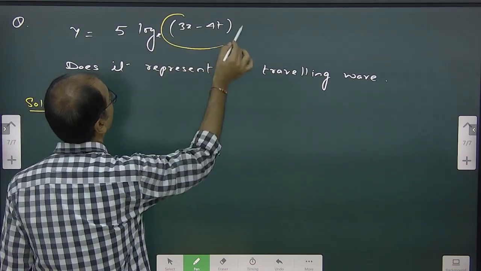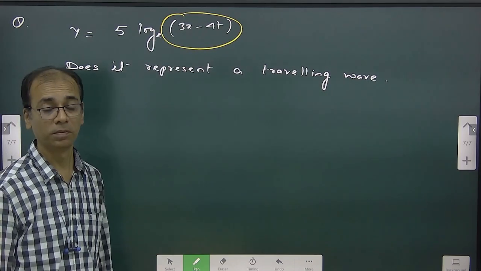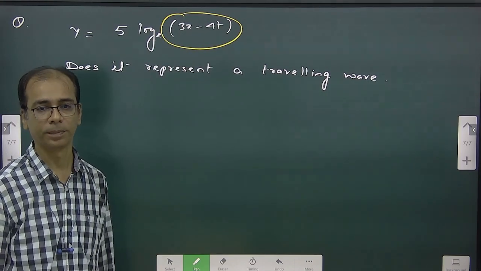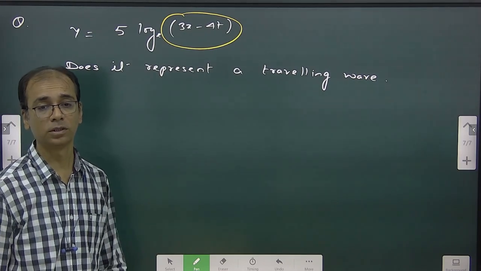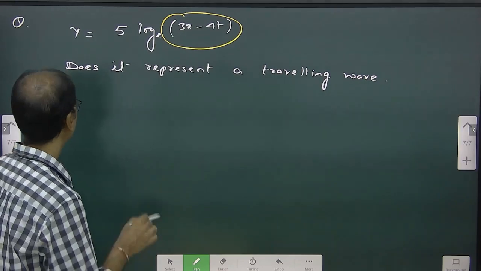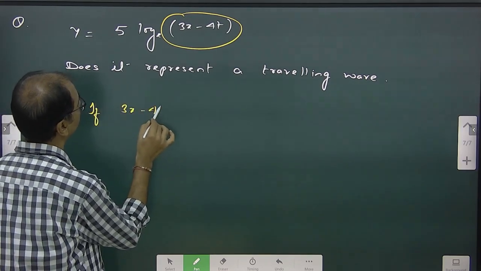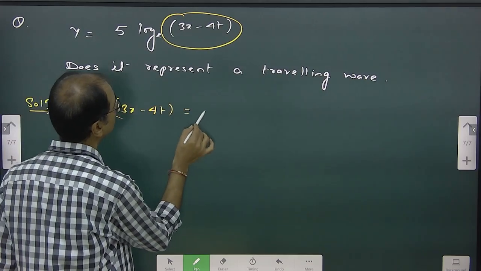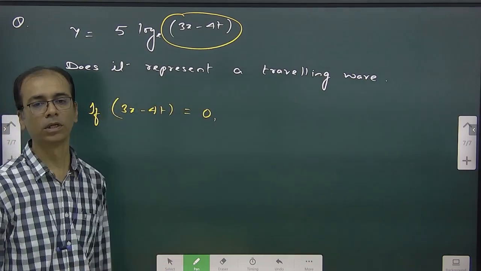So that means velocity we can find. We can say it's travelling. But is it a wave? For a wave, what is the required condition? It should be defined everywhere. So if 3x minus 4t is 0, then what is the y value?